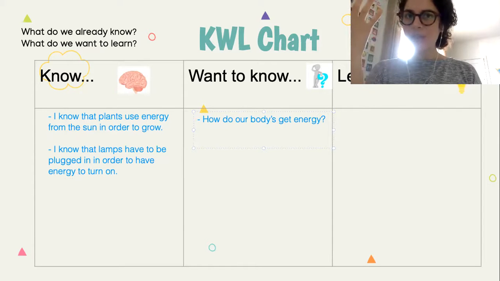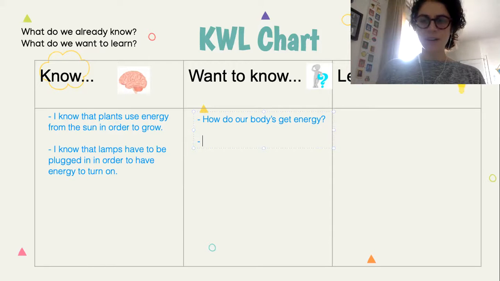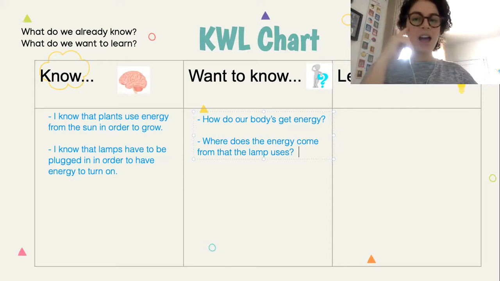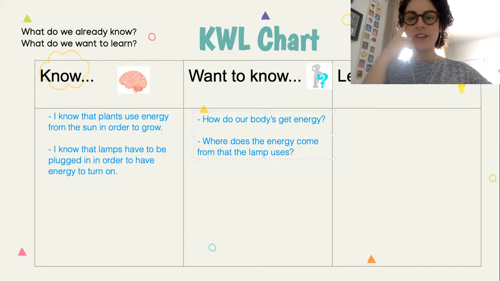Where does the energy come from that it's plugged into? I want to understand that better. Where does the energy come from that the lamp uses? Okay, so these are two questions that I'm wondering that maybe I'm hoping over the course of our unit together, we could figure this out.